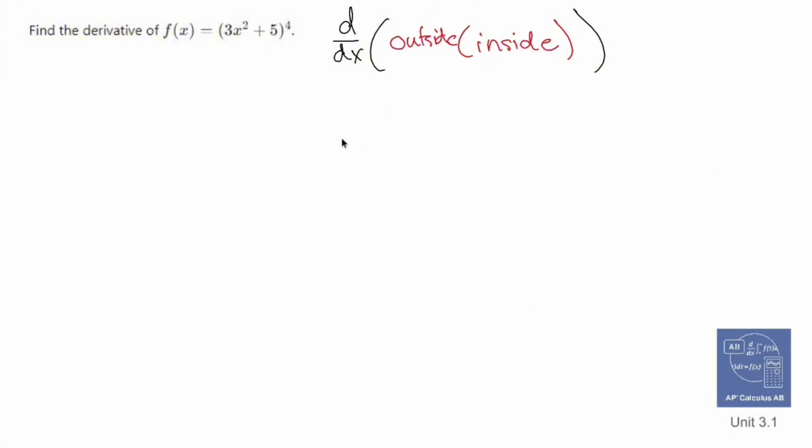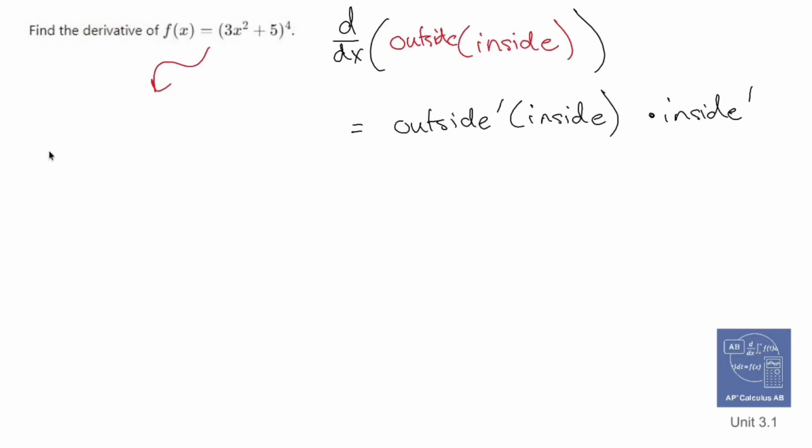When you take the derivative using the chain rule, you take the derivative of the outside stuff. You keep the inside stuff, but then you multiply everything by the derivative of the inside stuff. Take the derivative of the outside stuff, keep the inside stuff, multiply everything by the derivative of the inside stuff.